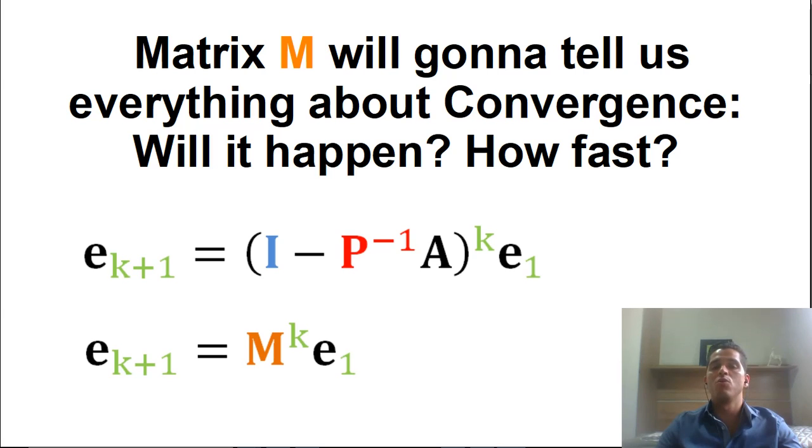Because if you know about eigenvalue decomposition, singular value decomposition, you know that eigenvalues of this matrix M will tell you everything about convergence. Particularly if we have eigenvalues in absolute value less than 1, minus 1 to 1, then we have a very interesting situation, and our error will converge to 0.